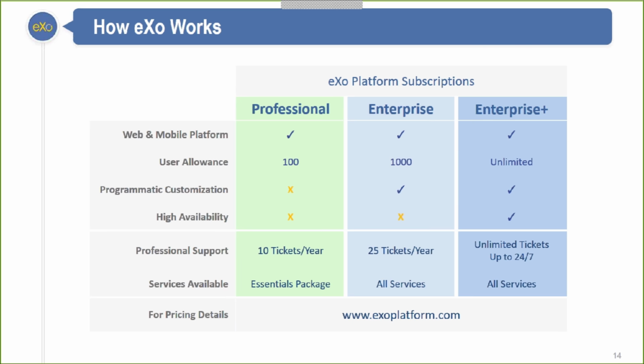Now, how does eXo work? We work with a subscription model, and you can see here that we have three subscriptions: a professional one, an enterprise one, and an enterprise plus one. The user allowance is listed here for each one of these subscriptions, as well as what each one of these subscriptions gives you access to.